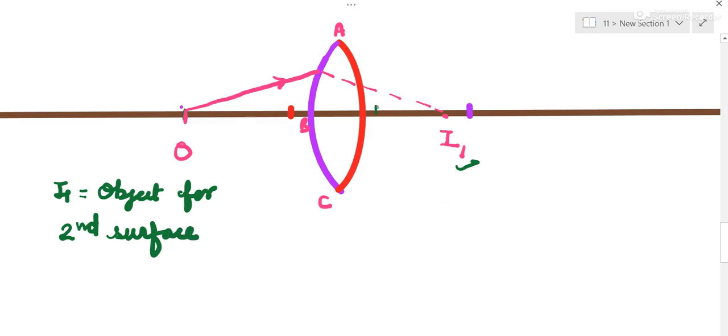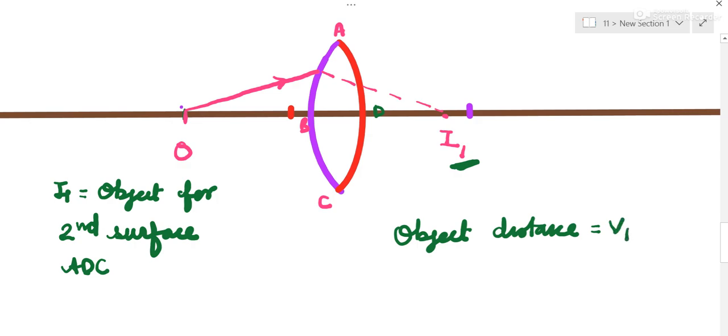And what is second surface? ADC. Okay, object distance. Again, listen. I1 is object for second surface. But for first surface, this is the image. So image distance in previous case was V1. So here that V1 will act as object distance.